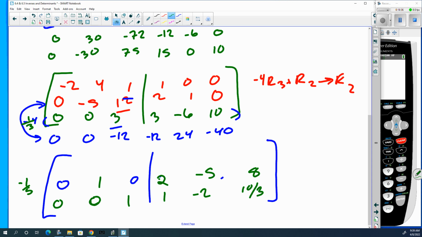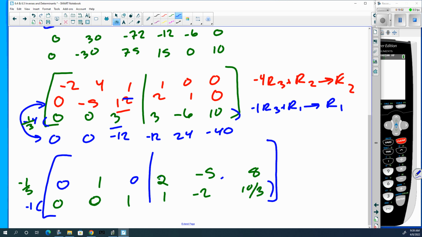Okay. Now I want to get a 0 on this top row right where that 1 was. So now if I times my bottom row by -1 and add it to the top row, then I would get a 0. So I'm going to take -1 times row 3, add it to row 1, and that's going to become my new row 1.